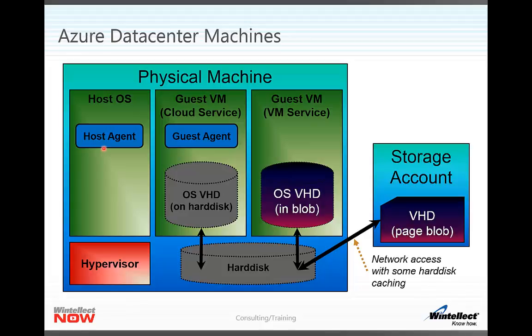Windows Azure has this thing called a fabric controller, which periodically sends heartbeat messages out to various machines inside the data center, making sure that those machines respond. And if those machines respond, then Azure believes that the machines are physically healthy and everything's running fine.